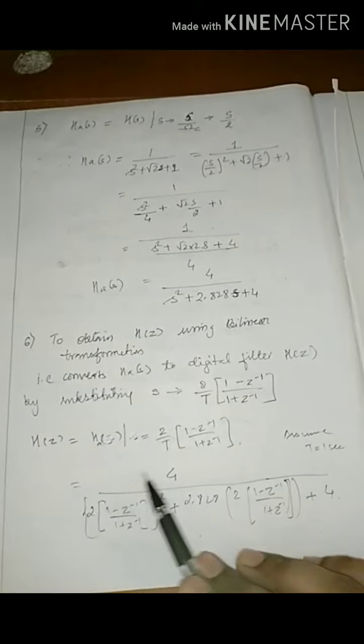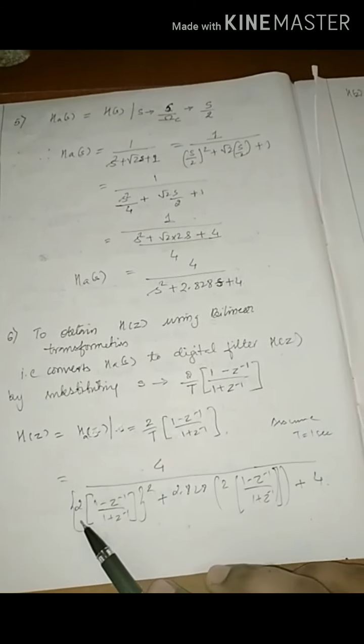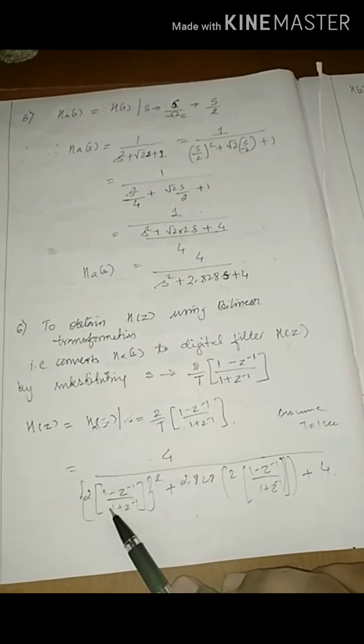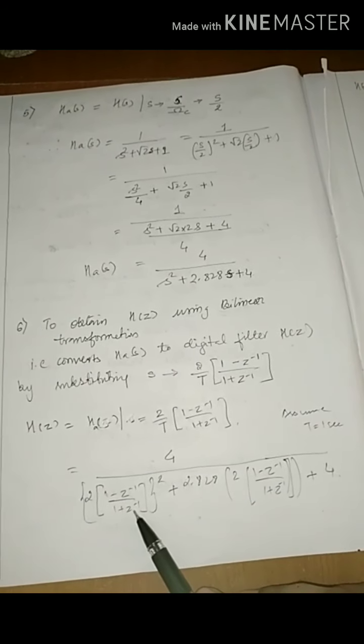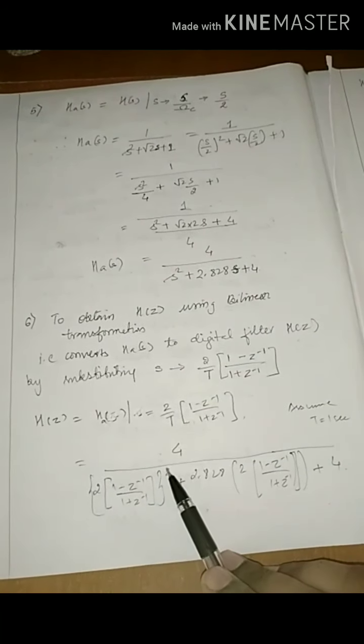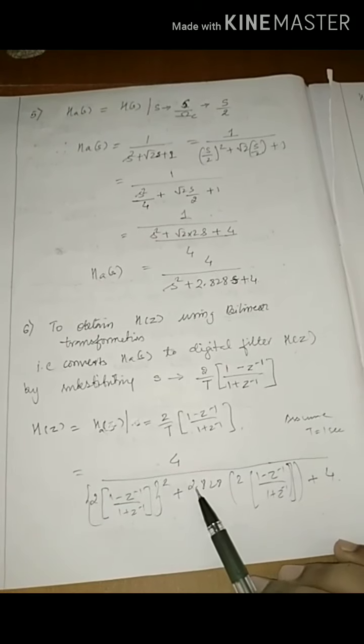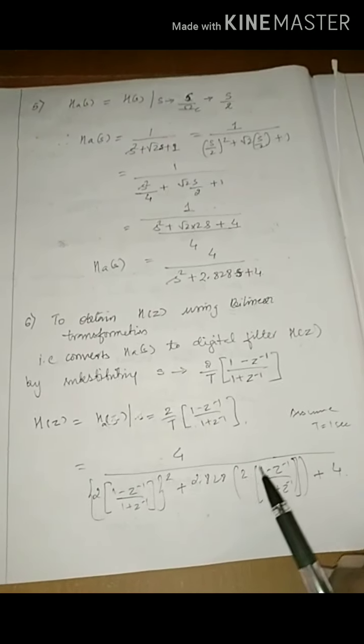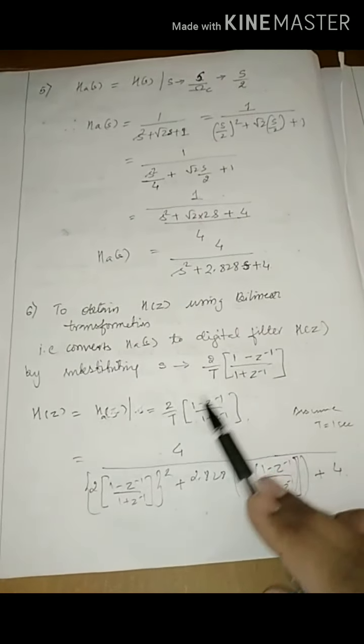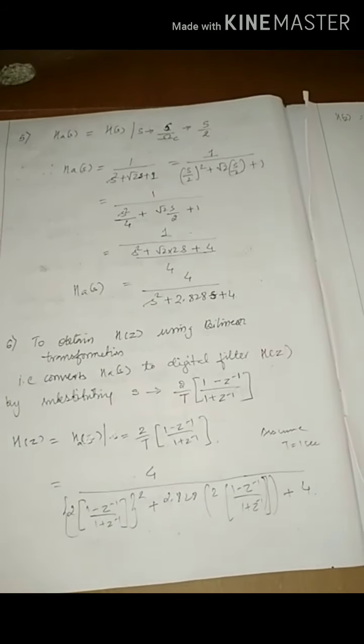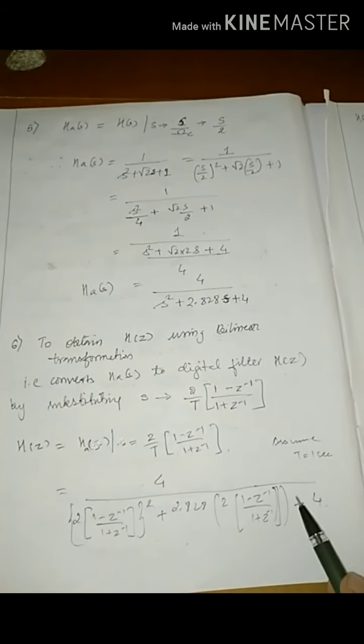We get H of z is equal to 4 divided by 2 into 1 minus z raised to minus 1 divided by 1 plus z raised to minus 1, the whole square, plus 2.828, where s is replaced again by this formula, 2 into 1 minus z raised to minus 1 divided by 1 plus z raised to minus 1, plus 4.